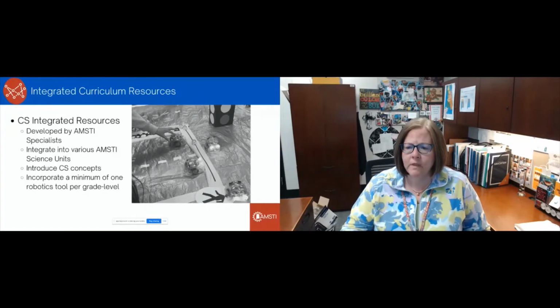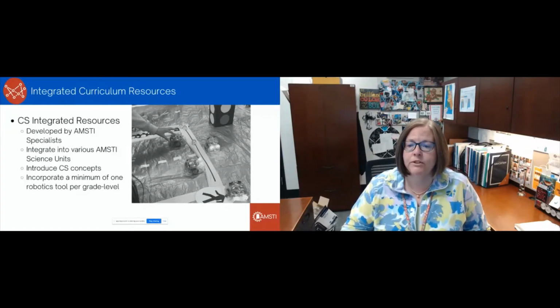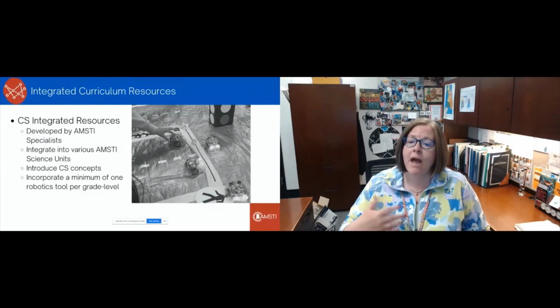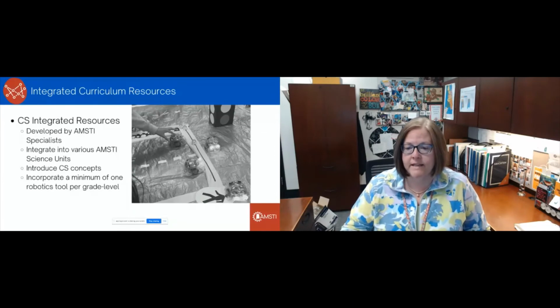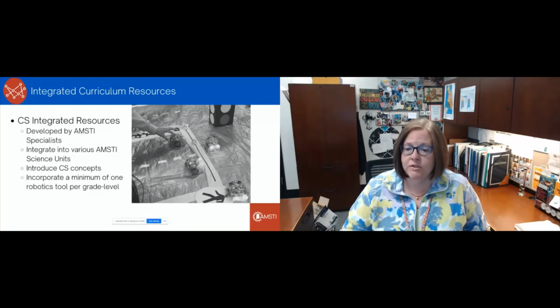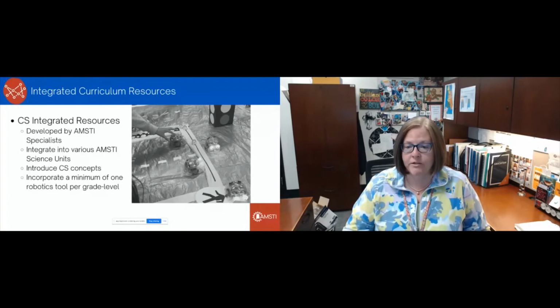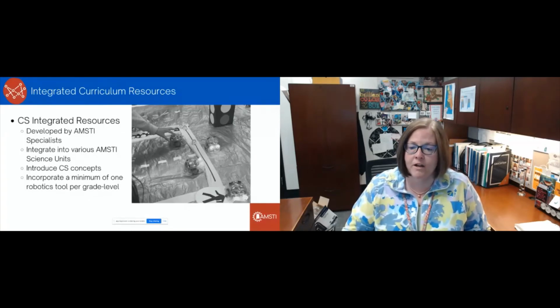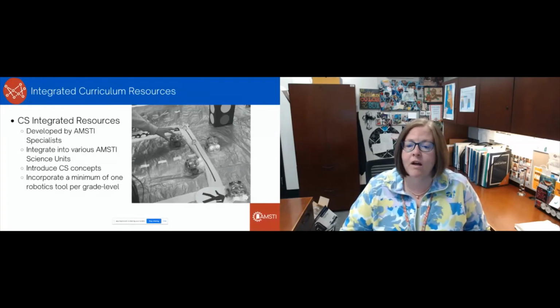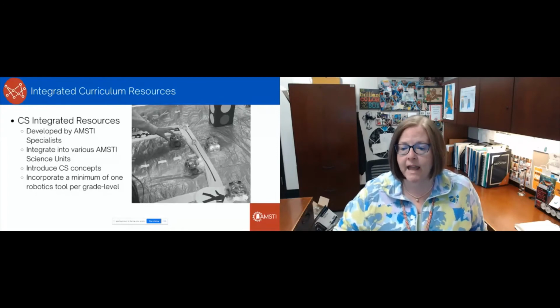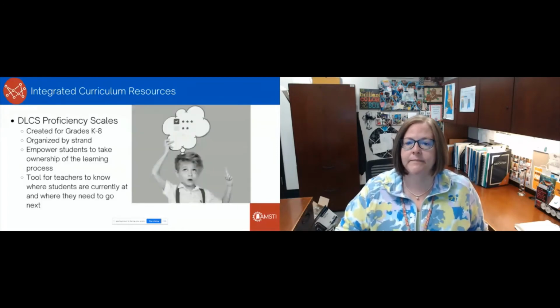And we have at least one robotics tool per grade level to incorporate with those science units. If you have not been able to access the science training at this point and would like to, those sessions are also arranged via your regional AMSTI director, and you can find all of their contact information, if you are not familiar with them, at the amsti.org website.